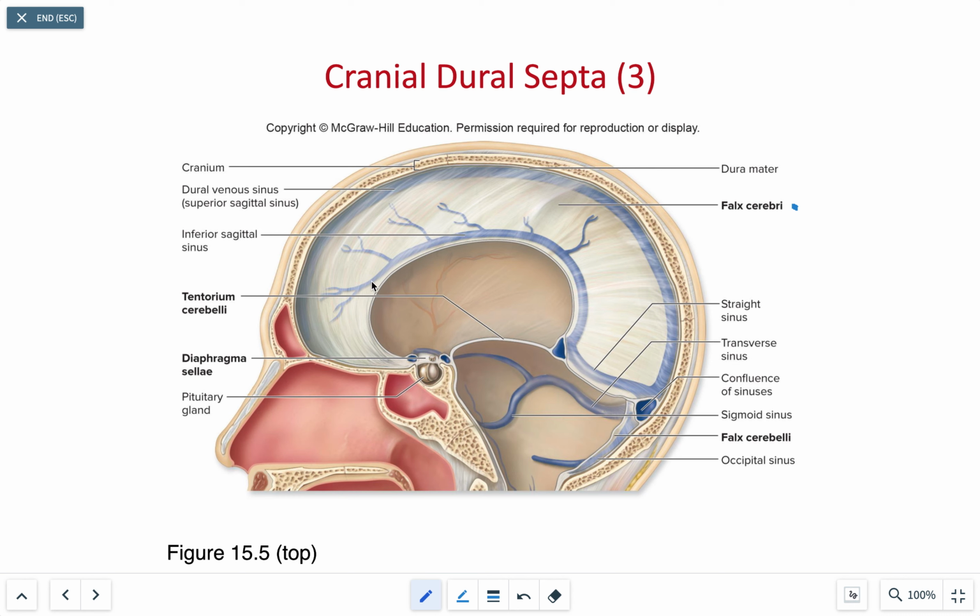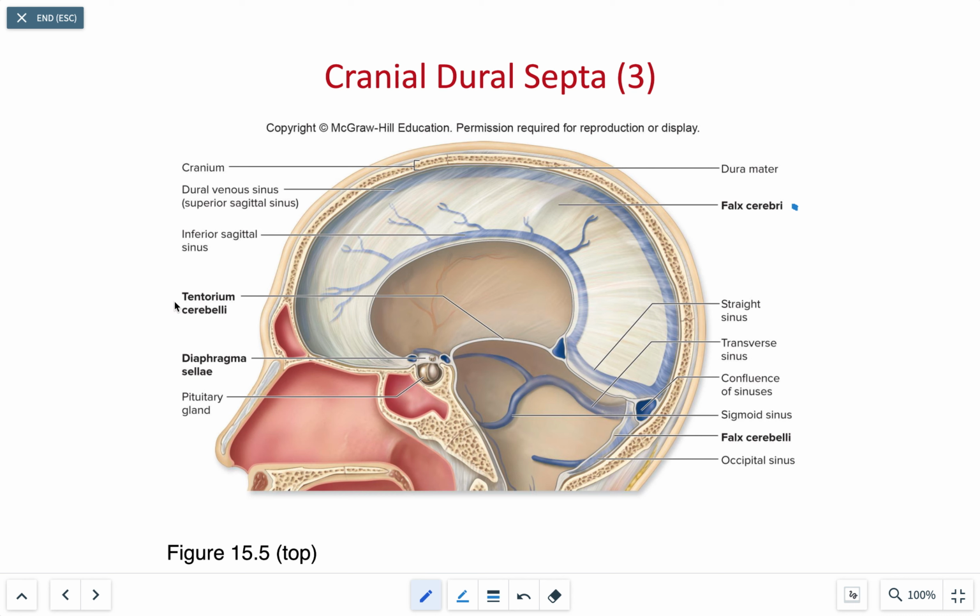It goes along the mid-sagittal plane, and it's going to basically help separate the hemispheres; the superior sagittal sinus and the inferior sagittal sinus are going to run along this region. This connective tissue also helps support all the different sinuses, like the straight sinus or the transverse sinuses. So it just maintains a little bit more structure in the brain.